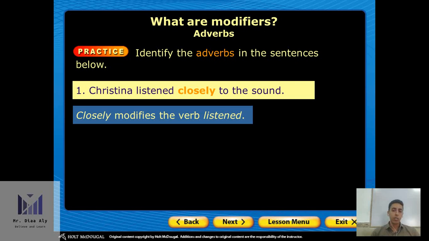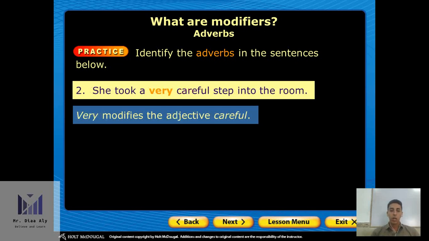How did she listen to the sound? She listened closely. She took a very careful step. How careful is she? Very careful. And careful, by the way, of course, I believe some of you might have written careful as an adverb.